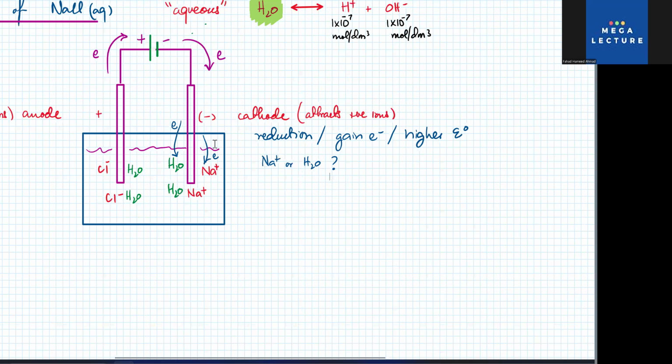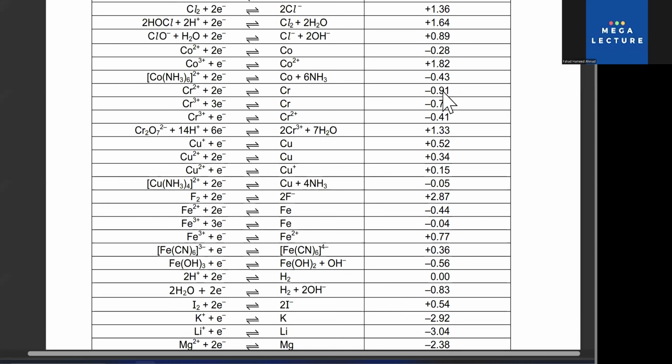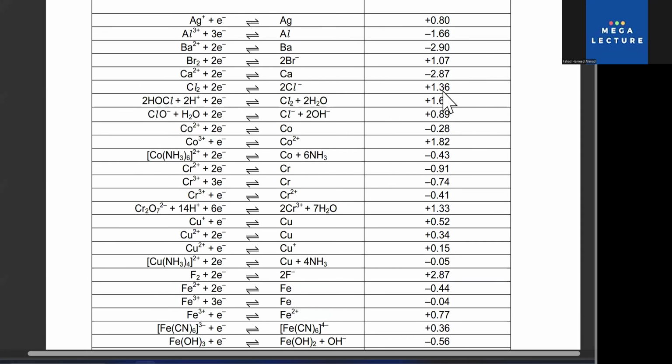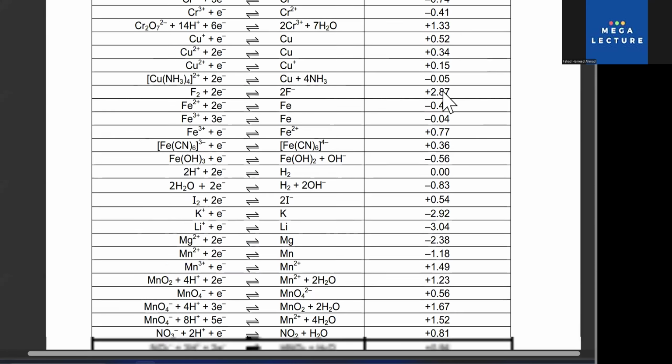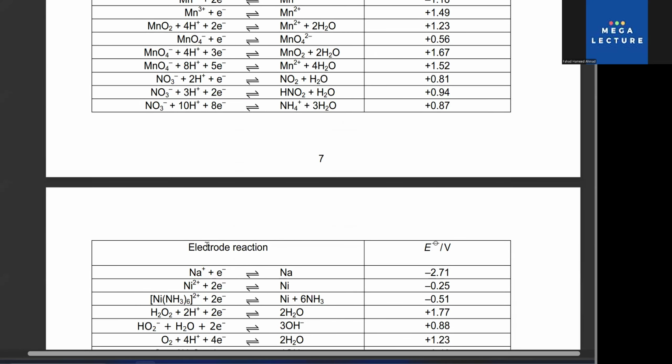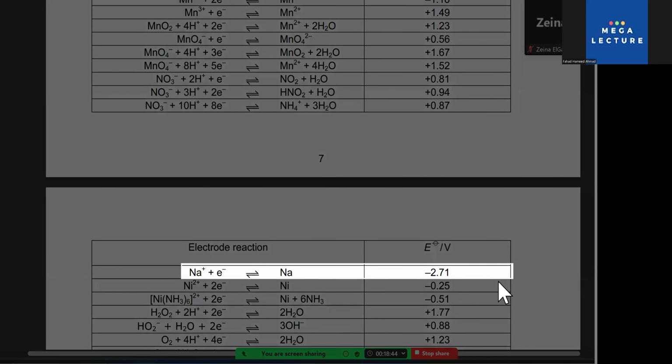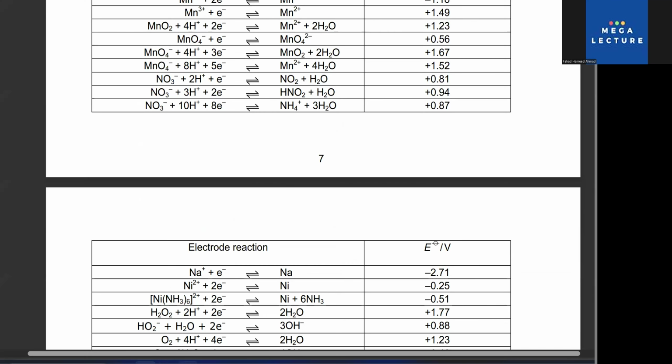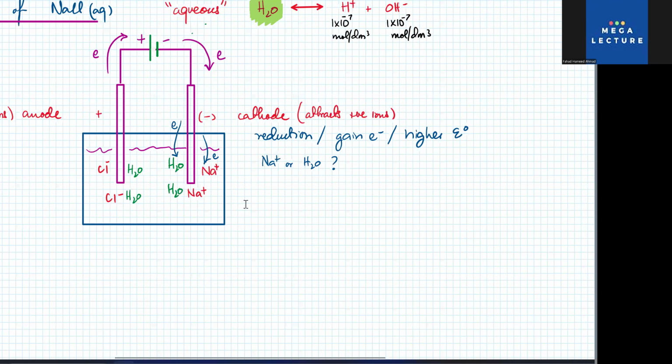They can't lose electrons; the only option is gaining. If I look over here, Na plus one is in the forward direction, gaining electrons. So I'm going to copy this.